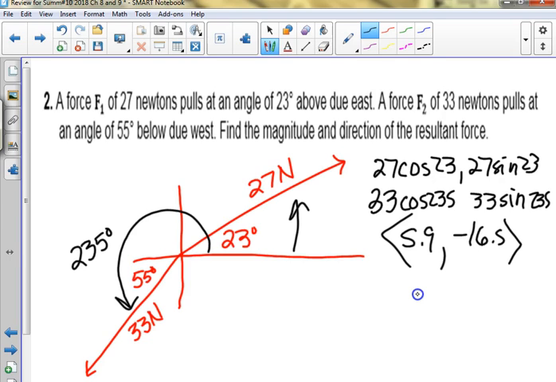Magnitude, we need to square each of those, add them together and do Pythagorean theorem. 17.7. Okay, so the resultant was over here and down here, but it was not 27 or 33. I got that it was only 17.5 units long. Did you get that when you did magnitude?